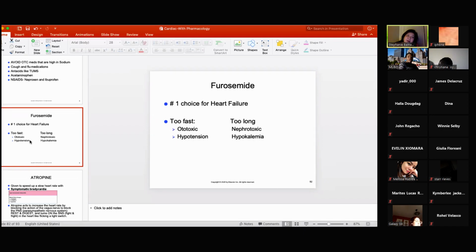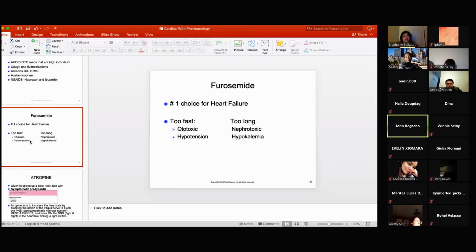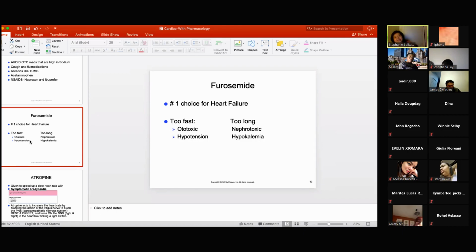Hypo, right? Because Lasix is potassium sparing or potassium wasting? Potassium wasting, right? So if you're on Lasix for too long, you're most probably going to have hypokalemia. But with Lasix, there's always potassium ordered with it.